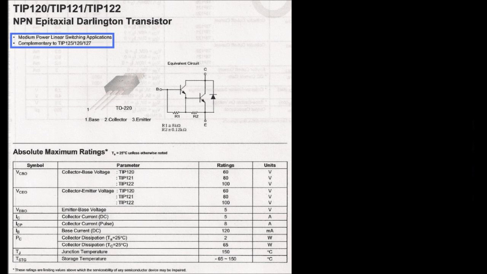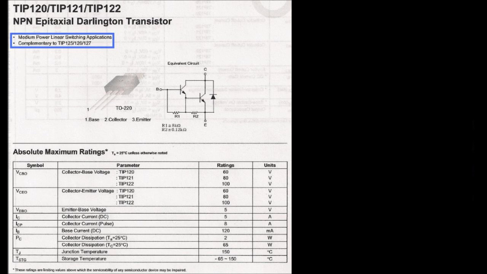The next section you'll find is a brief description defining what the transistor is used for. It'll show mostly its primary functions, and it will sometimes show alternatives as to what the transistor can be used for. Here, the transistor is used for medium power linear switching applications, meaning it can handle a medium amount of power, or amperes.